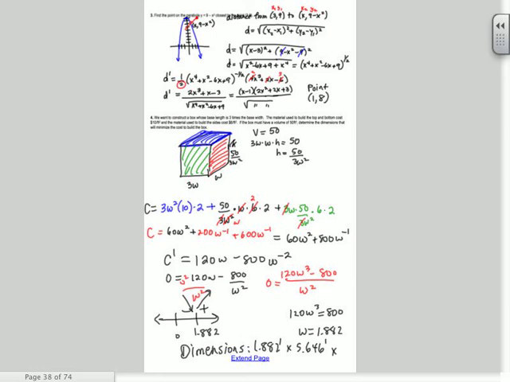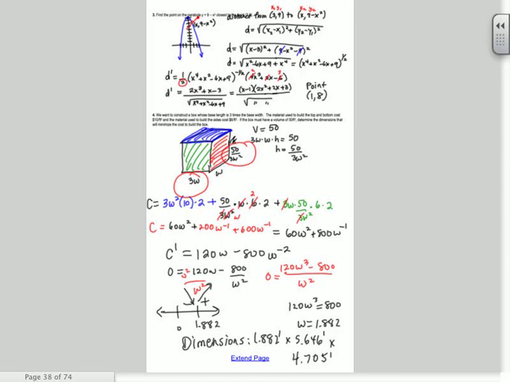So make sure you put parentheses around your denominator. So 4.705 feet. I plugged into here and here. So 3 times W. Yeah. And that's why I stored it, because I knew I had to find multiple things.